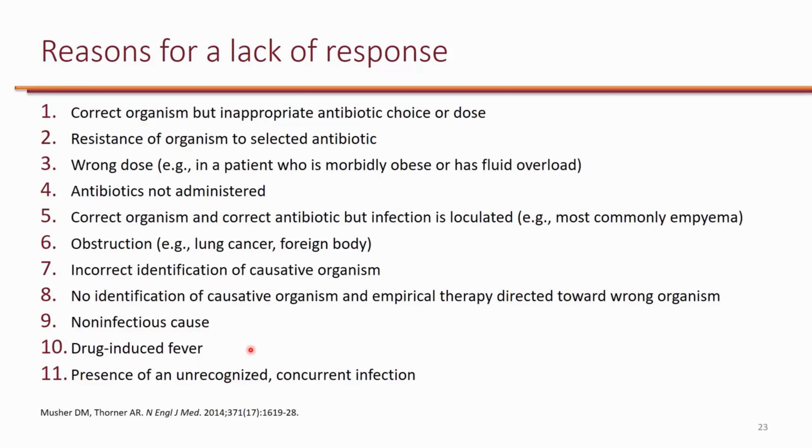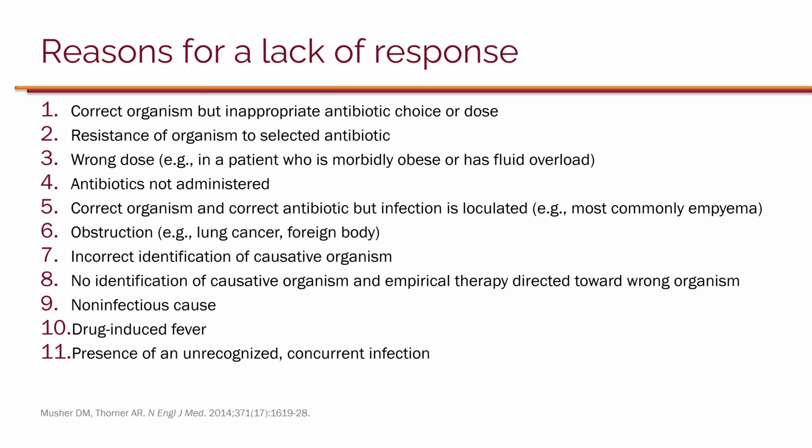And lastly, presence of an unrecognized concurrent infection. So if you're trying to target pneumonia and suddenly the patient has bacteremia that led to endocarditis, that could be the reason why the patient is not doing well. And that's important to consider.